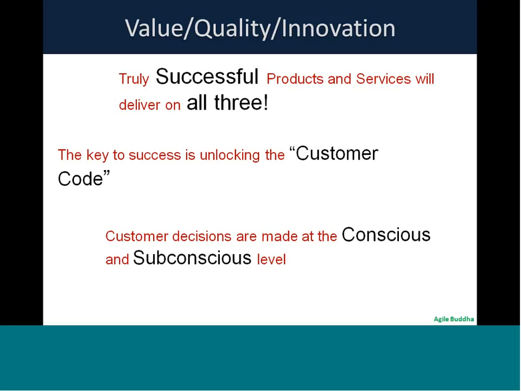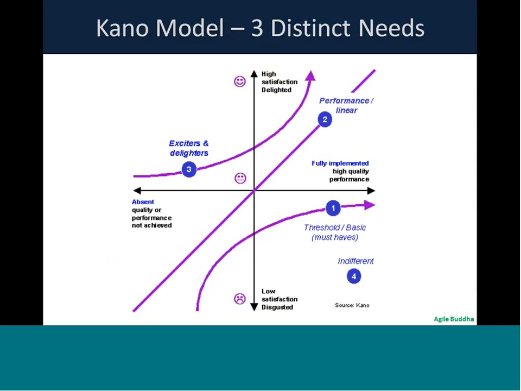To address this kind of concern in the market, one of the professors called Kano introduced a very interesting model called the Kano model. This was research done at Tokyo University, and then he brought this to the market, and he started analyzing things from the perspective of distinct needs of the customer.